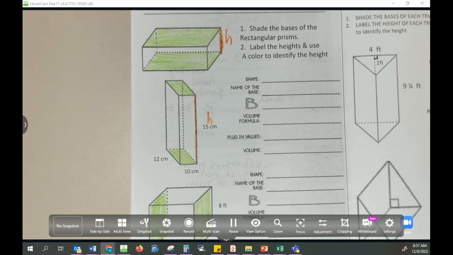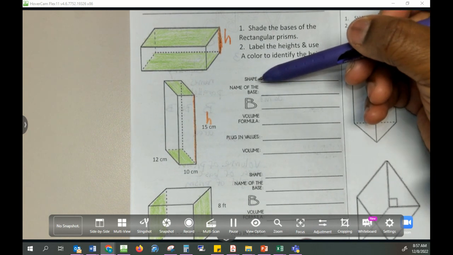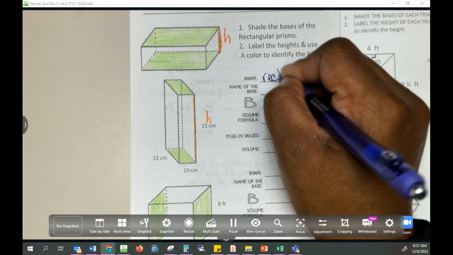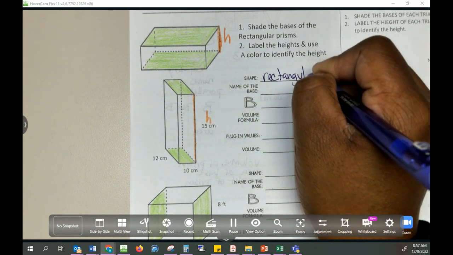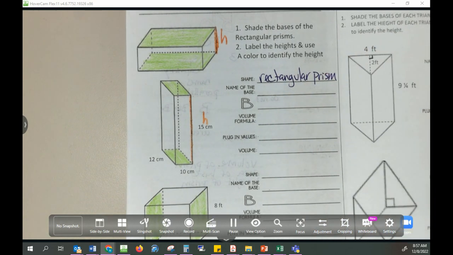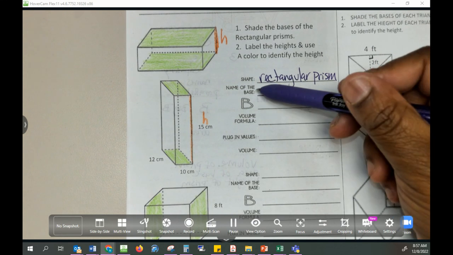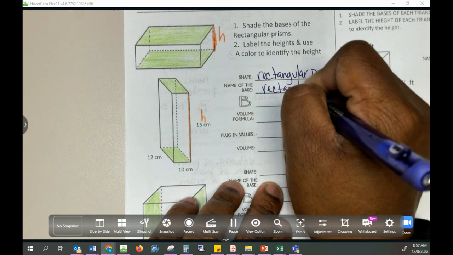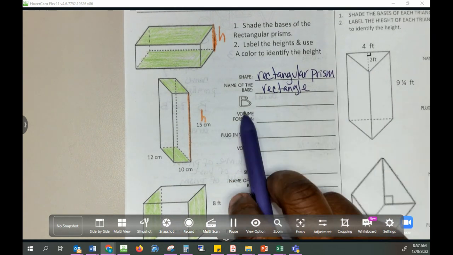Now we're going to move into doing the math for volume. So one, we're going to identify the shape. This is a rectangular prism. The name of the base is a rectangle. Big B, remember, is area of the base.